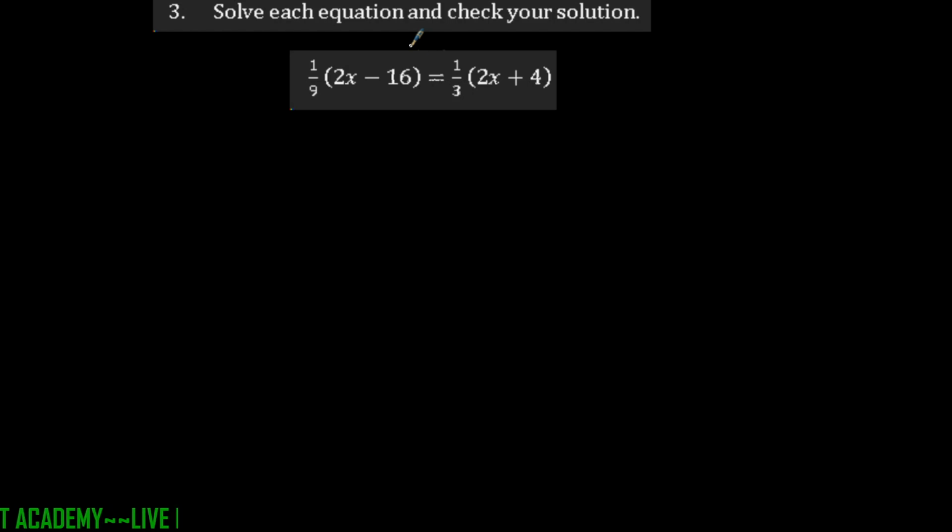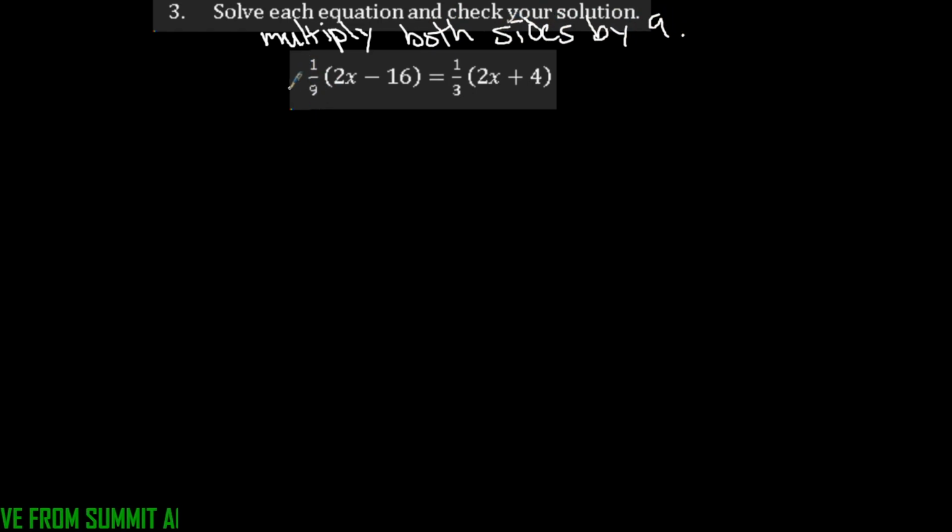What I'm going to actually do first is multiply both sides by 9. The reason why I'm doing that is because I want to get rid of these fractions because it makes it a little bit more difficult.